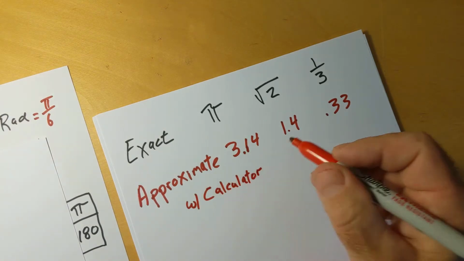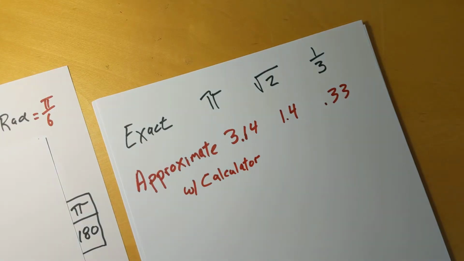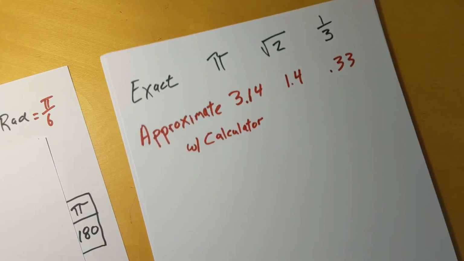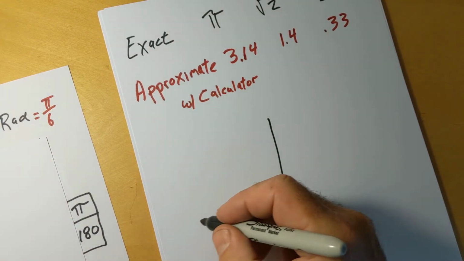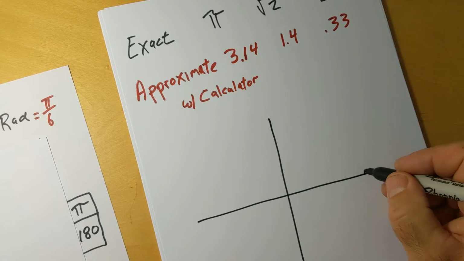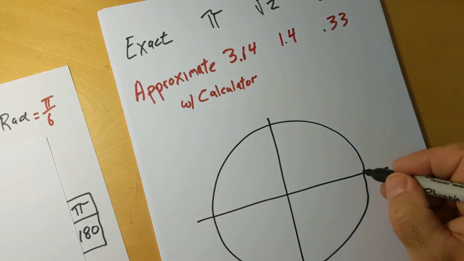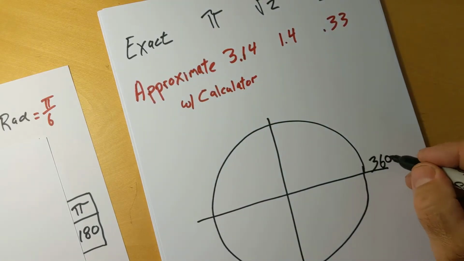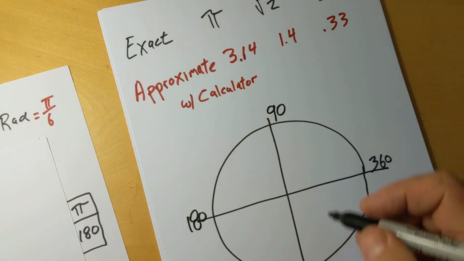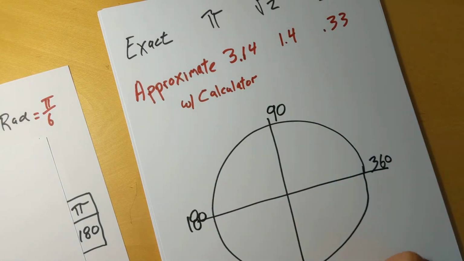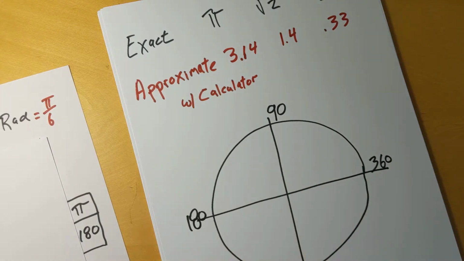And how all this plays into degrees and radians is, let me draw my unit circle here again. Remember, all the way around is 360, halfway around is 180, 90, 270, or the radian equivalents.